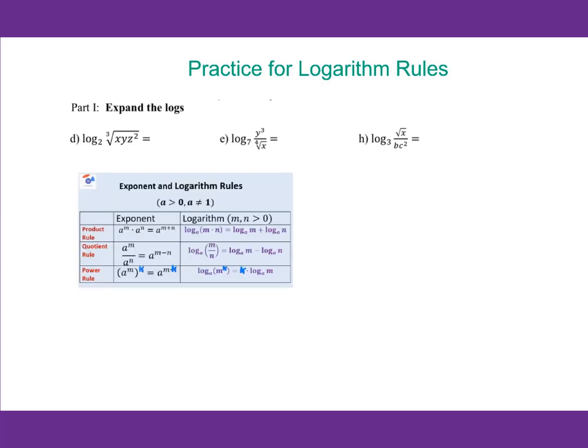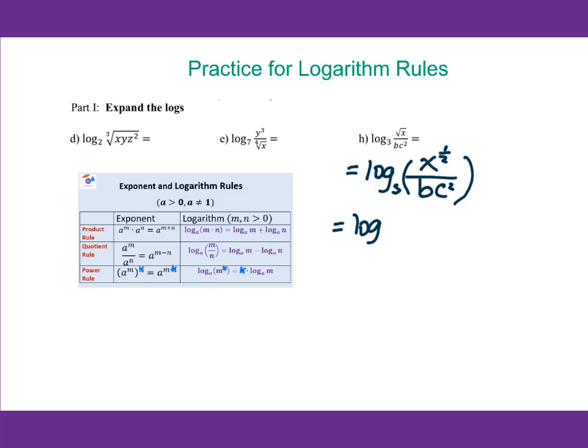Let's go to H. Still, first of all, we need to change the argument into exponential form. So we got log base 3 of x to the 1/2 power over b and c squared. Then any factor below the division line, you have to do subtraction.